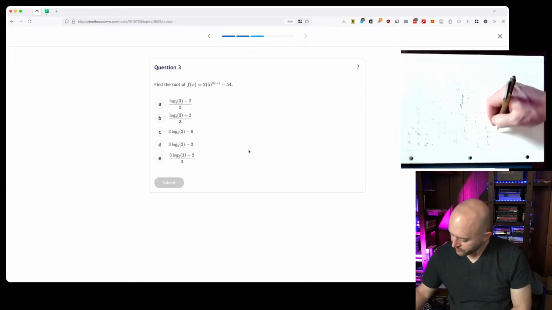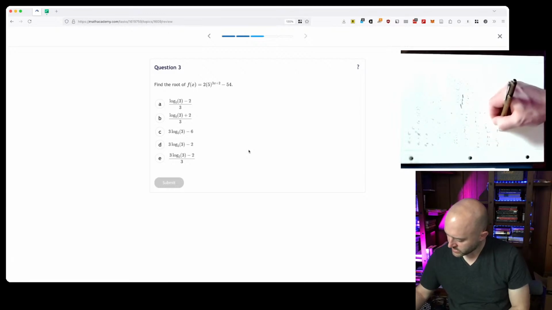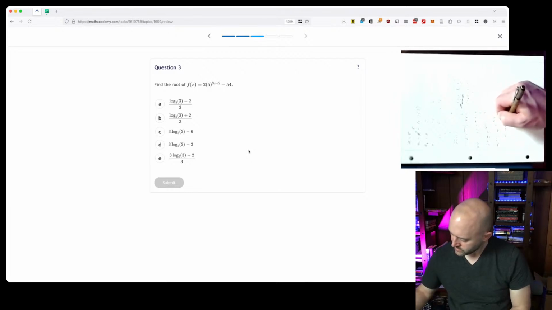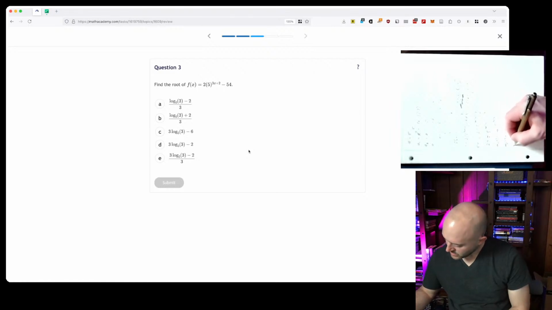So let's do log base 5 of 27, log base 5 of 5 to the 3x plus 2, which is log 5 of 27. Which means 3, 9, 27, so 3 log 5 of 3 equals 3x plus 2.